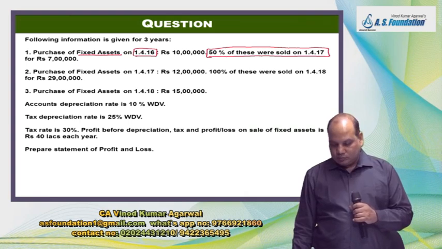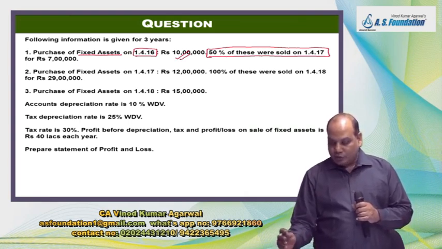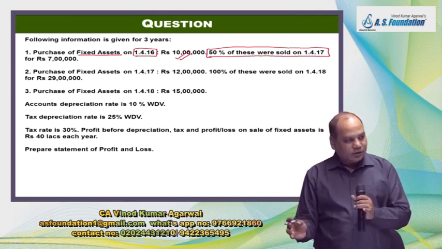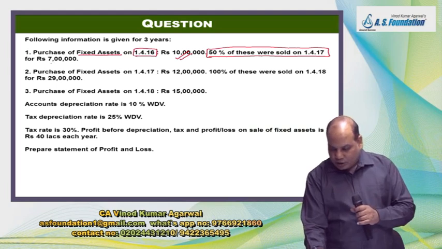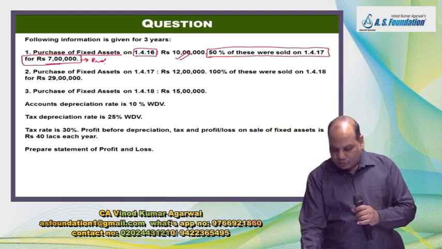So in the first year you provide depreciation on 10 lakh, but in the second year you provide depreciation on only half of the asset. And at what amount was it sold? 7 lakh.